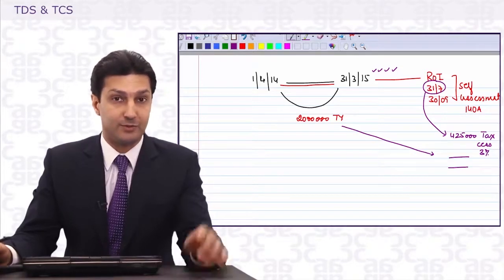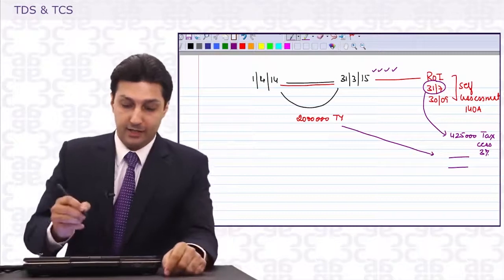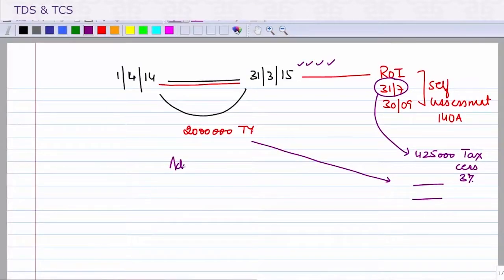That is what leads to the stick approach, which is why government came up with the concept of advance tax, by introducing chapter 17C. Now, what was the idea behind advance tax?